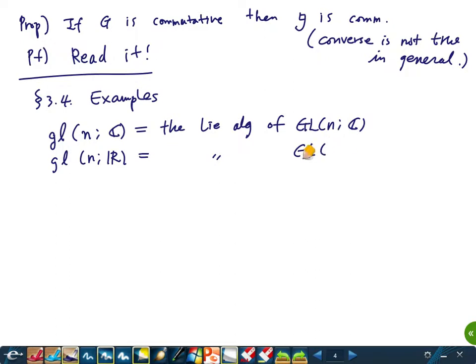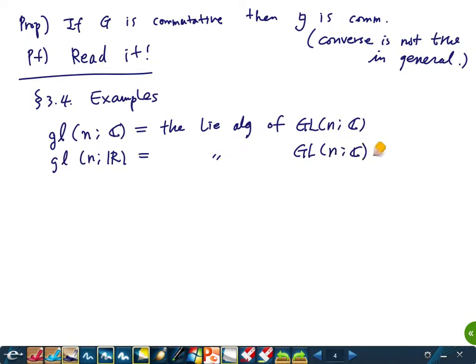Usually we use capital letters for the matrix Lie group, and the corresponding Lie algebras are written the same way, except using lowercase letters.